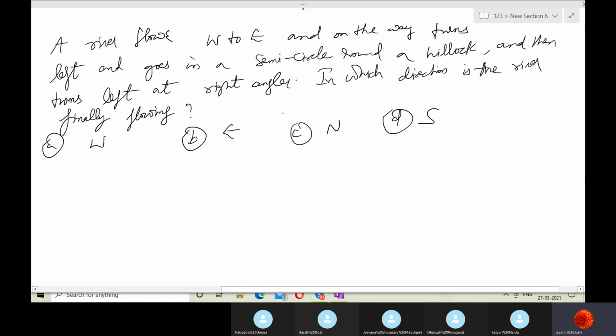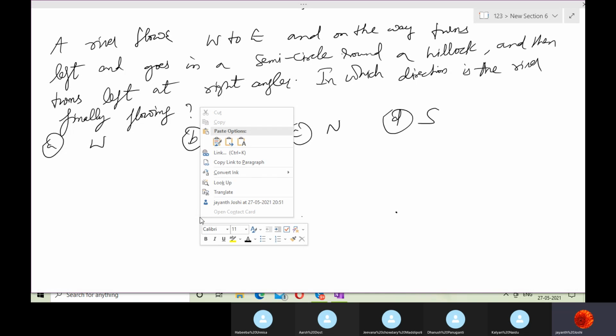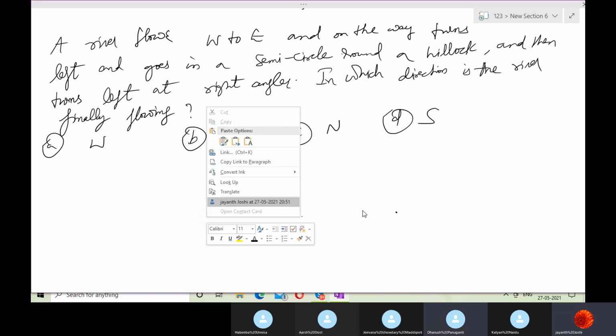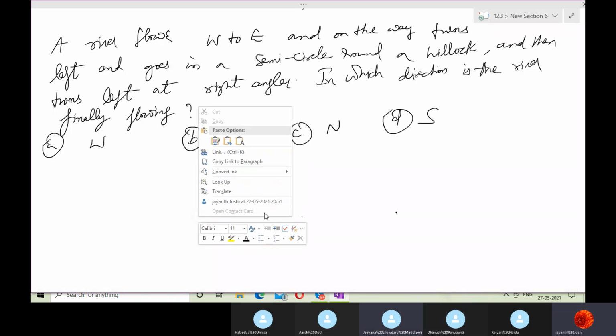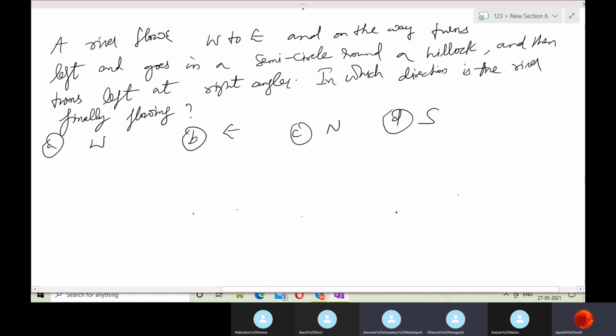A river flows from west to east, correct? So if I take west here, this is the center, this is the west. So a river flows from west to east.